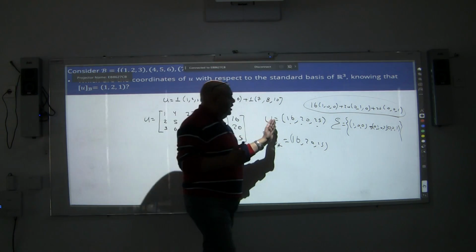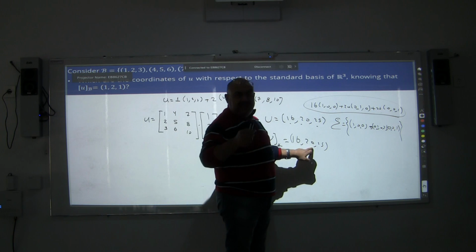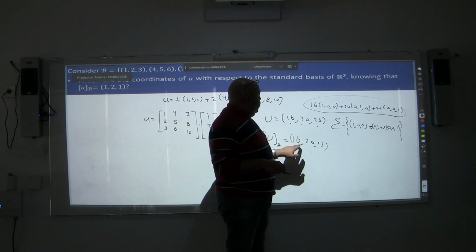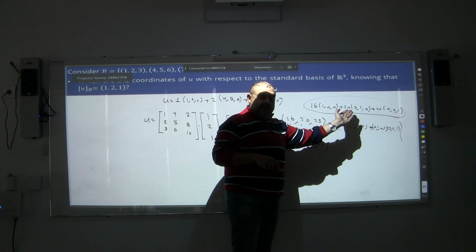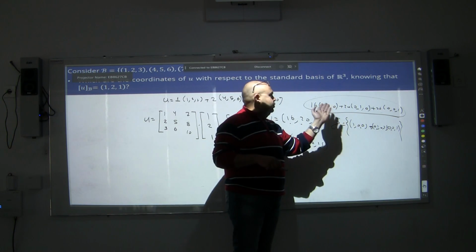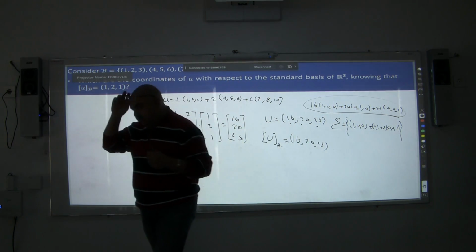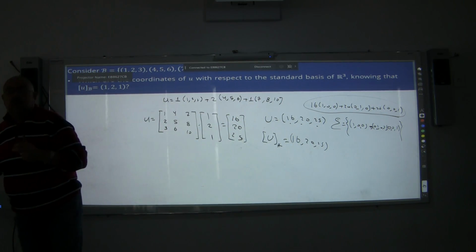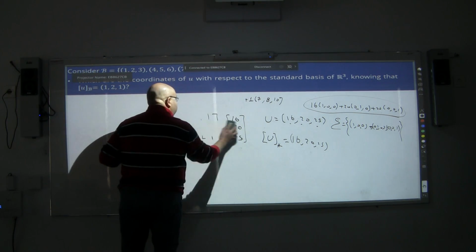You can write it simply as coordinates, because those are the coordinates and the vector at the same time. If we multiply the coordinates by the canonical basis or the standard basis, (1, 0, 0), (0, 1, 0), (0, 0, 1), you will be able to get your vector. So this is really very important, how it is all connected together.